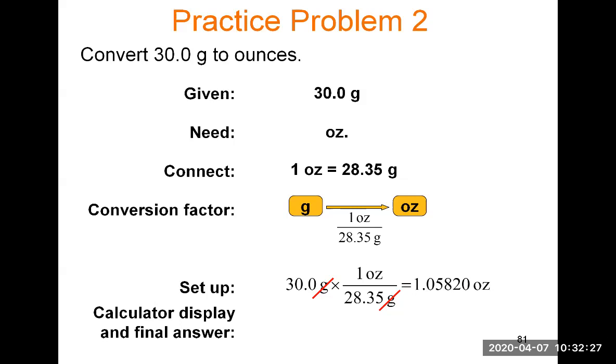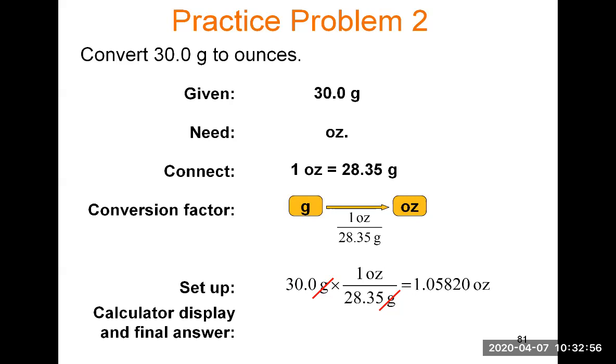The 2 zeros are significant because you see the decimal point. So it's 3 significant figures in the given amount. The 1 ounce is an exact number. The number of grams is measured, but 28.35 has 4 sig figs. So the limiting number of sig figs is from the given amount, and it's the 30 with 3 significant figures.